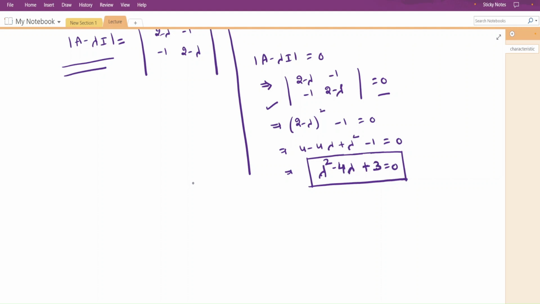So the thing is, if this is the characteristic equation of matrix A, then matrix A must satisfy this equation.